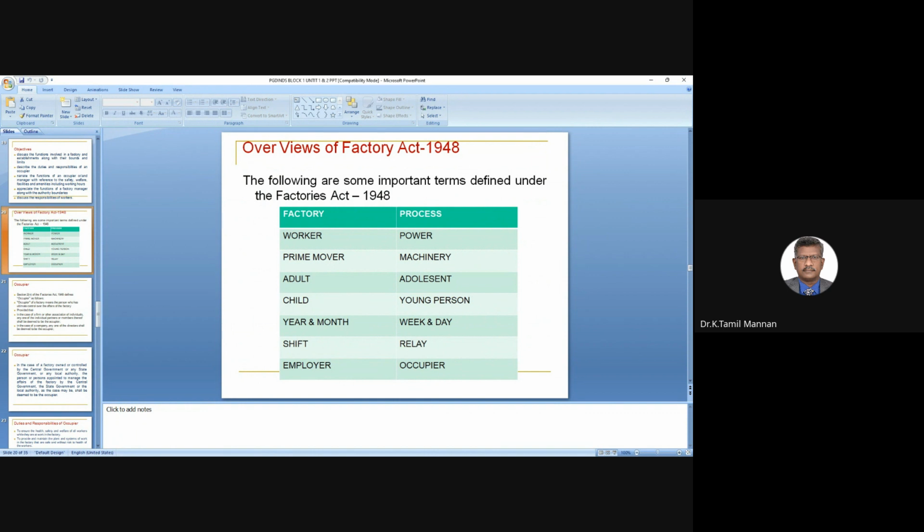These are the important terms used in this Act: factory, worker, prime mover, adult, child, year and month, shift, employer, process, power, machinery, adolescent, young person, week and day, relay, occupier. These are some important terminology used in the Factories Act 1948.